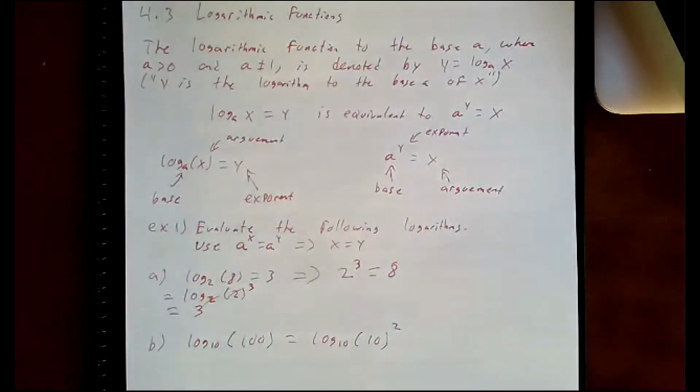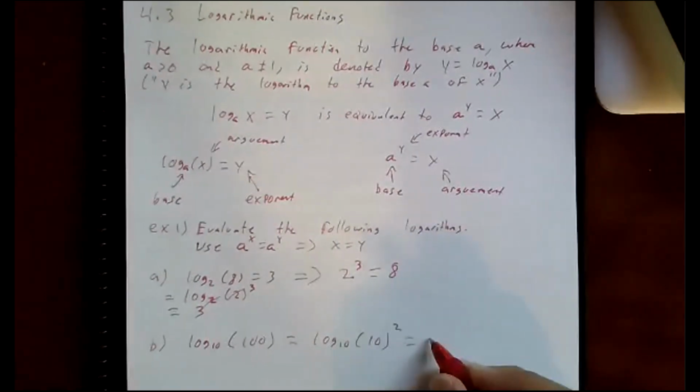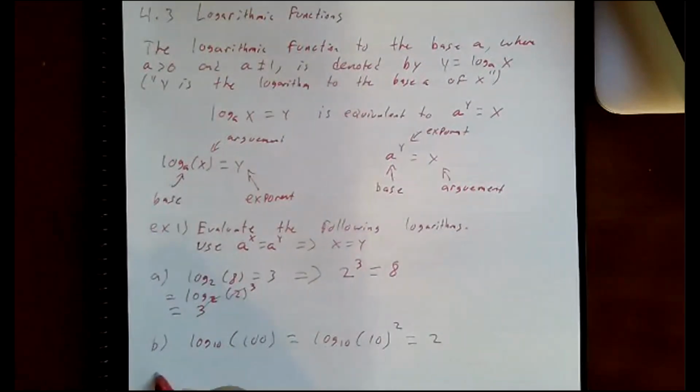Because 100 is 10 squared. So now that these match, you'll end up with just the 2. So when you do these, just try to make it match the base. Whatever argument you have, change it to this base. I think that'll be the best approach. Okay.